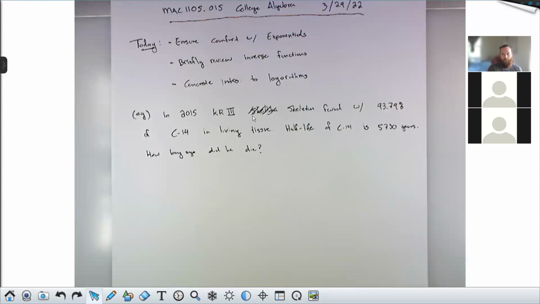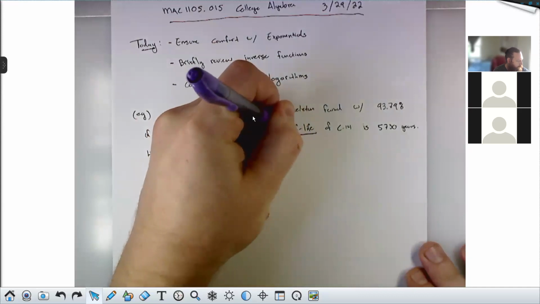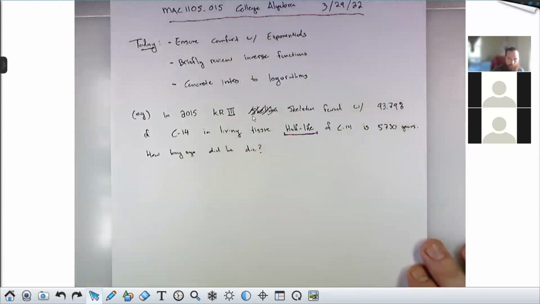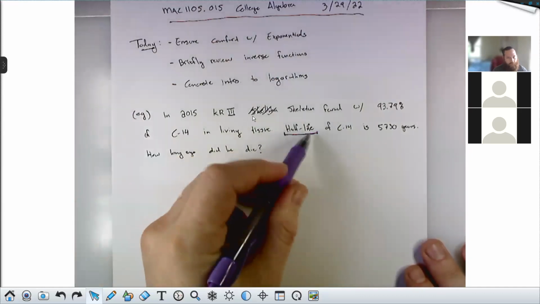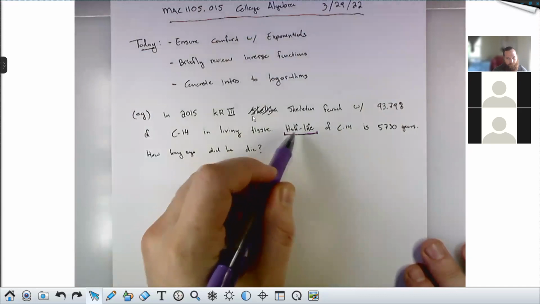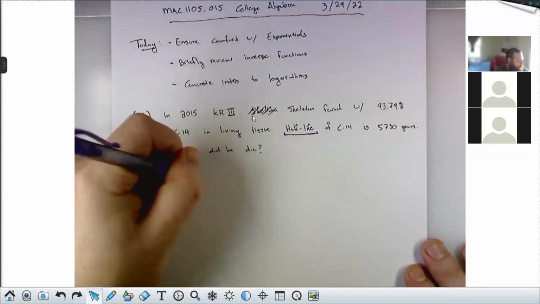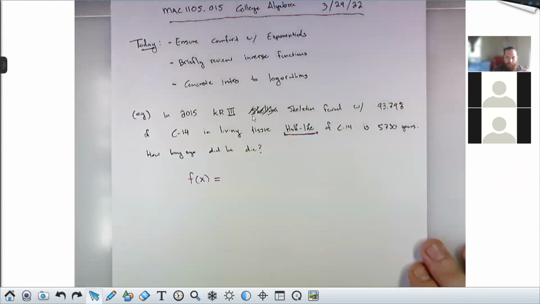It says half-life, so we would know that the b, the thing that's inside the parentheses, is going to be, I'm assuming, a half. Very good. Yeah, let's start there. That's perfect. Anytime you see this word, half-life, remember it is this exponential function that chops the output in half every time x goes up by some amount.